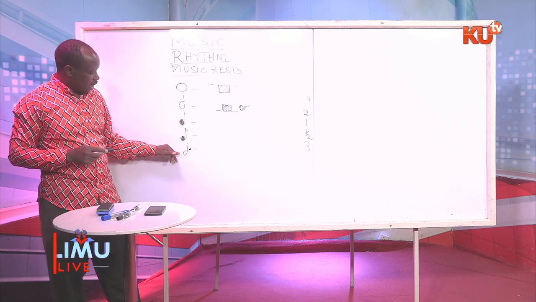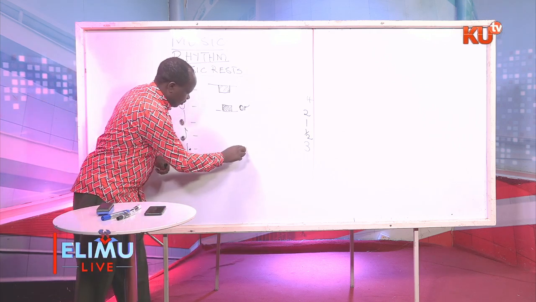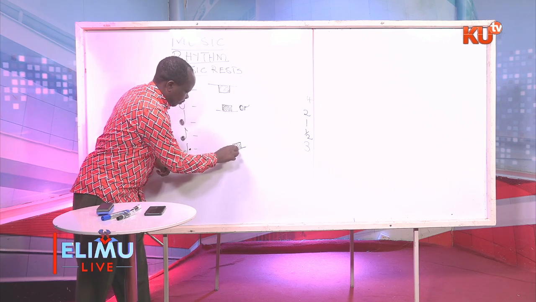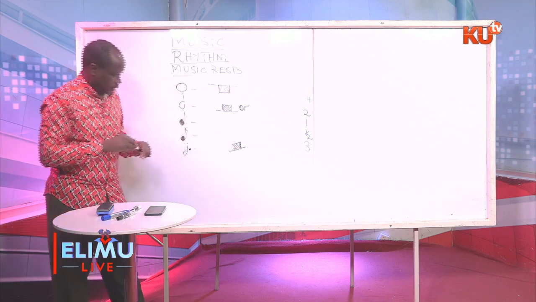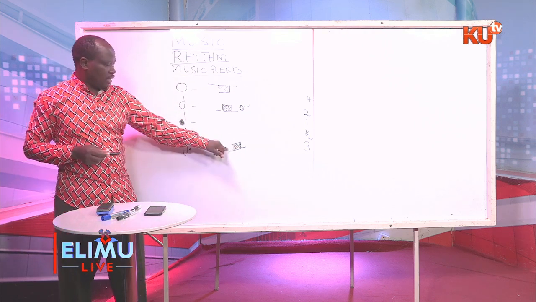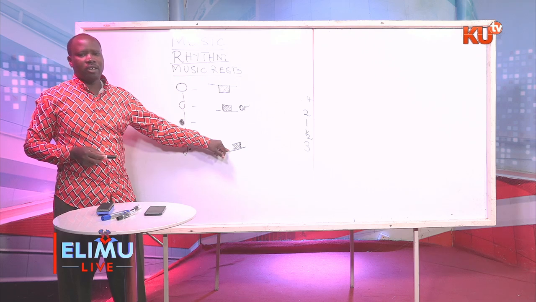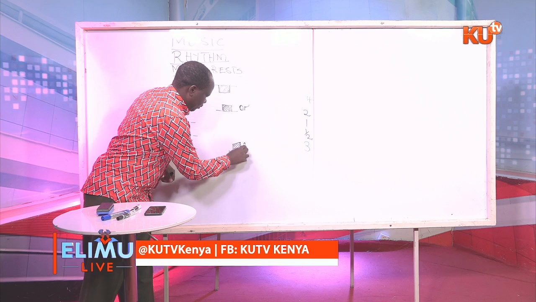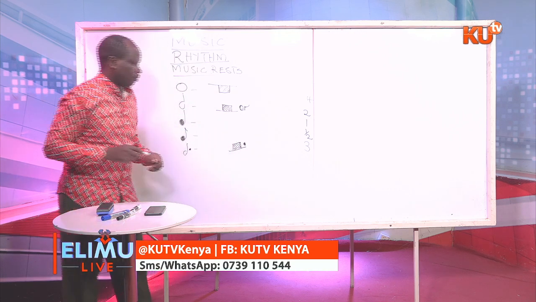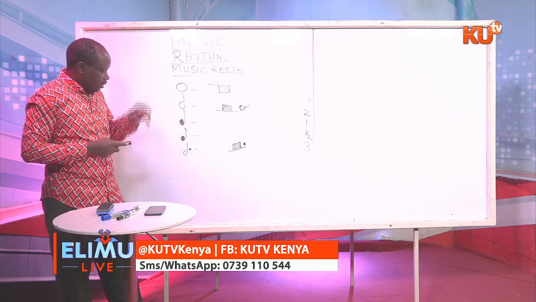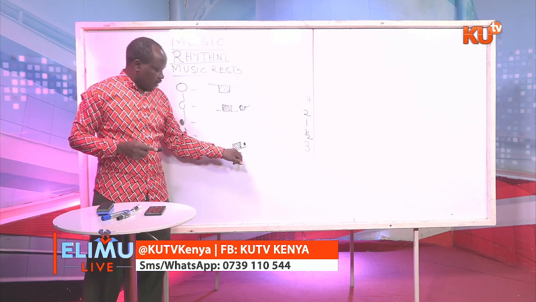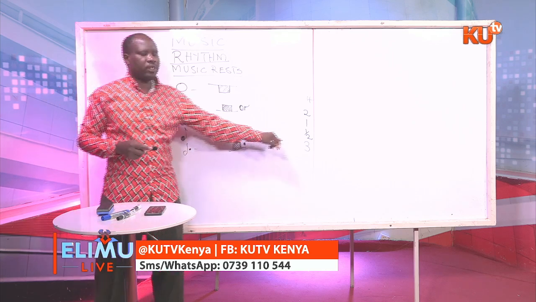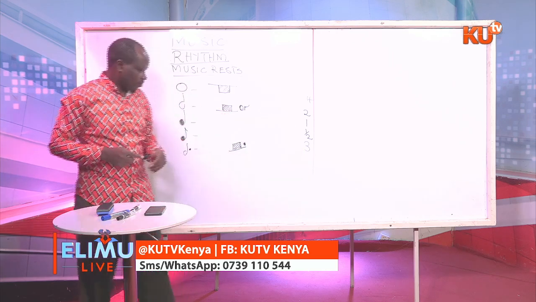The rest that will represent a dotted minim is that one. And then we draw the rest, and let's not forget to include our dot. That is the rest that represents a dotted minim, which is equivalent to 3 silent beats.